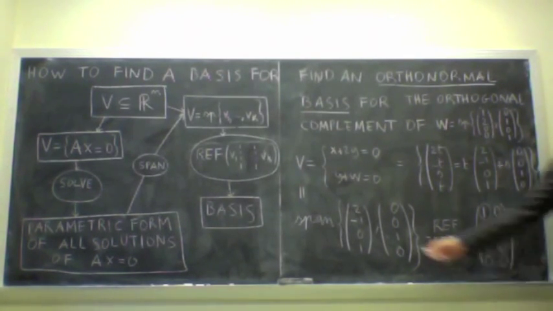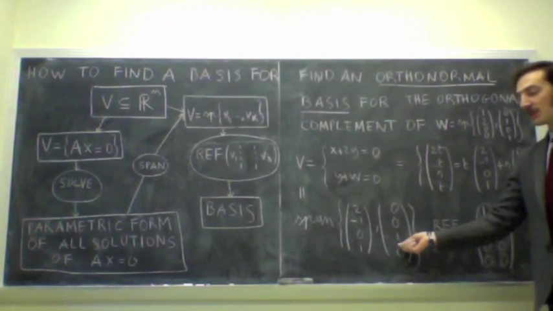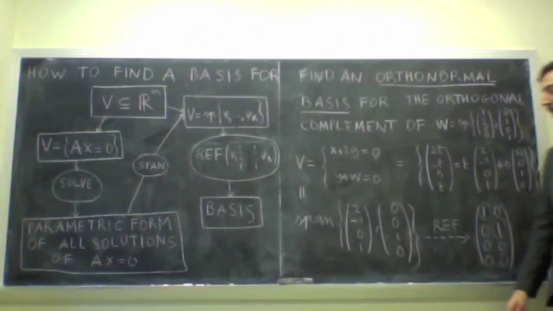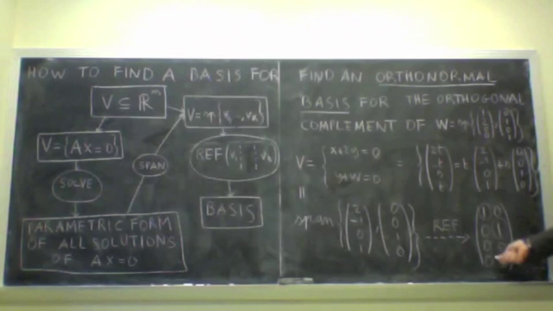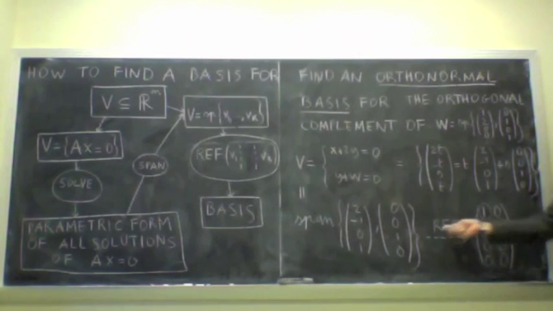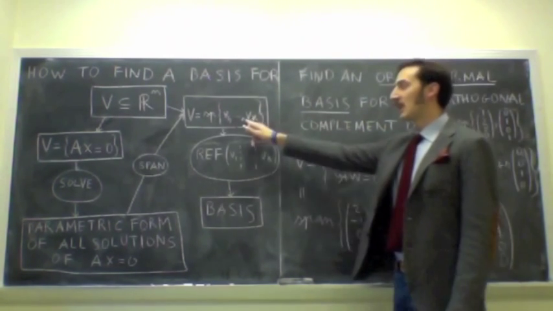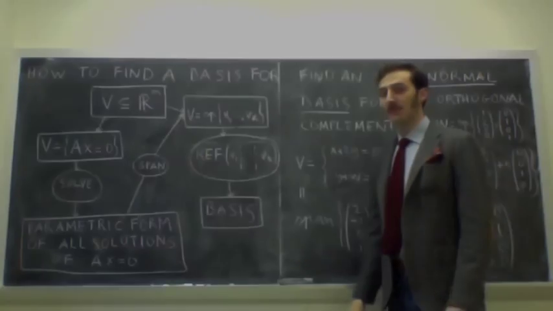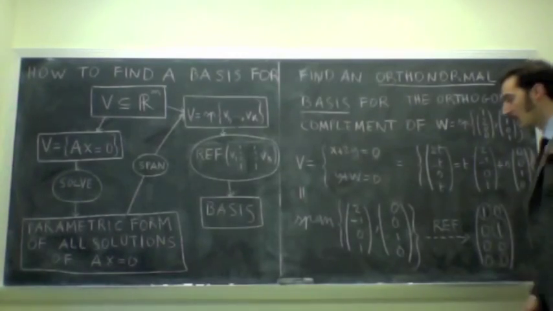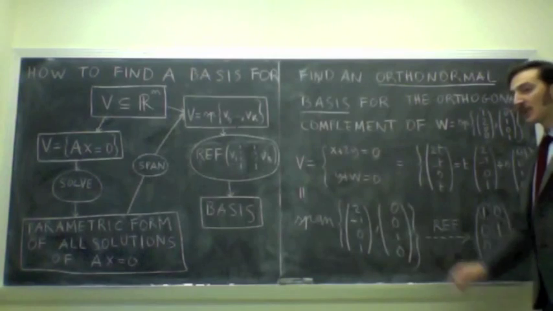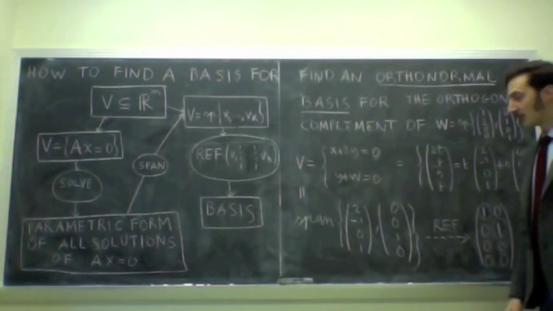It means that the first vector and the second vector form a basis for V. Notice that this doesn't say this vector plus this vector form a basis. This step just allows you to detect which vectors among the ones spanning V are actually a basis. Now that we have a basis, we can simply apply the Gram-Schmidt procedure and get an orthonormalized basis.